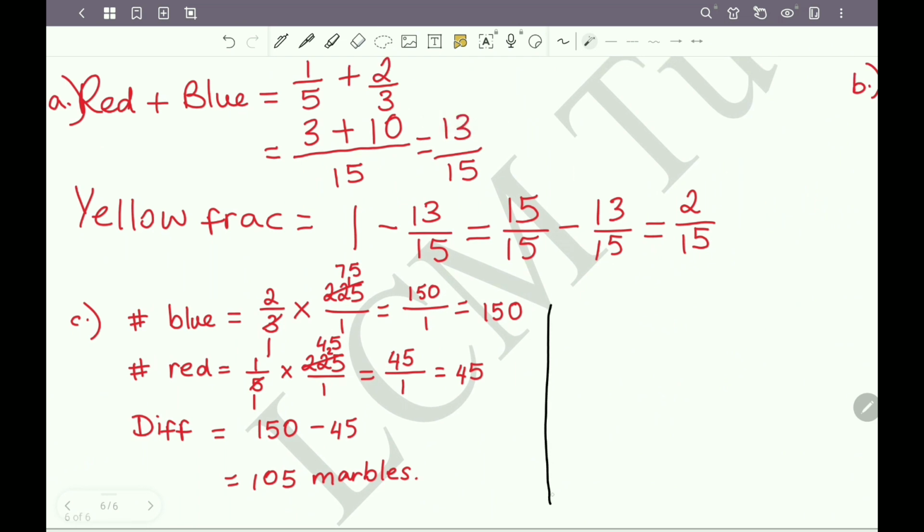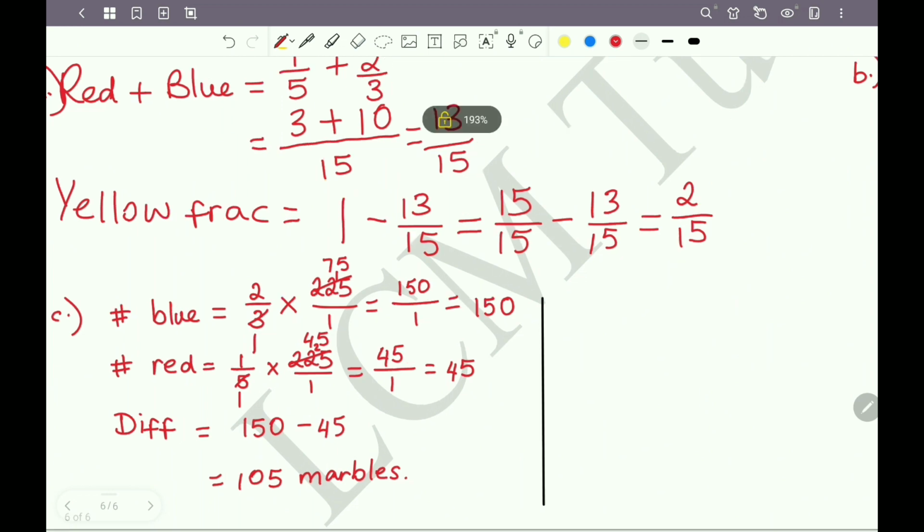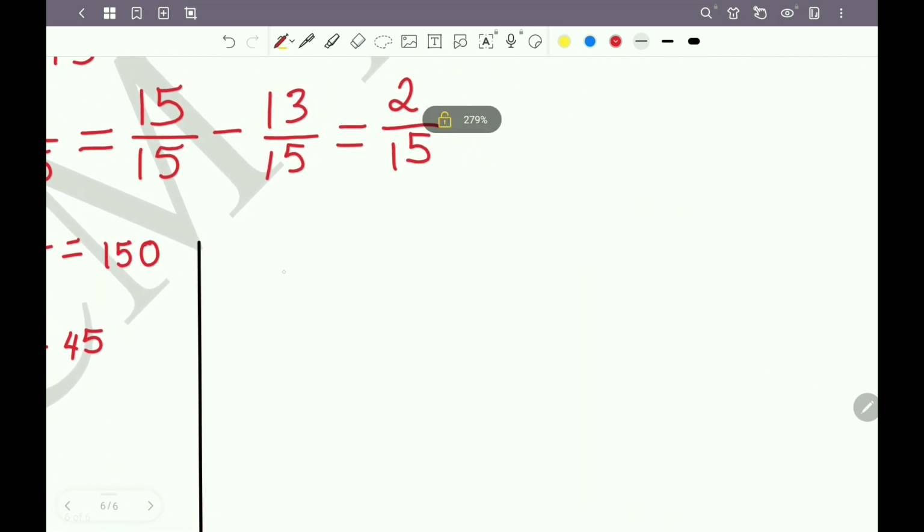So I'm going to draw a line here, and let's look at part C again. So we know that 2/3 of the marbles are blue, 1/5 of the marbles are red. So let's find the difference in red and blue, but as a fraction this time.